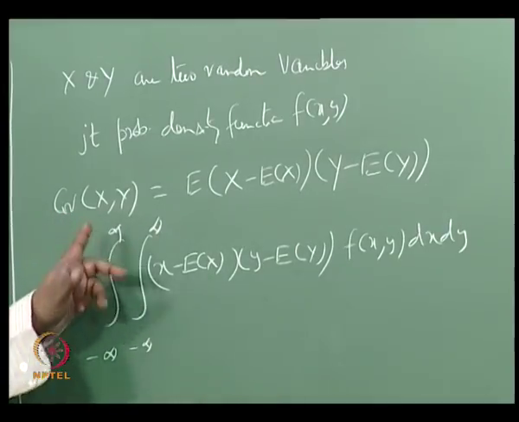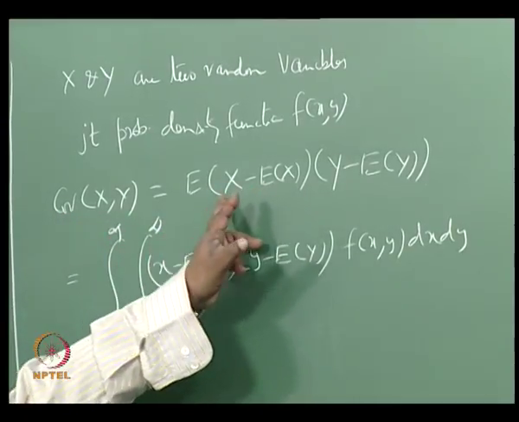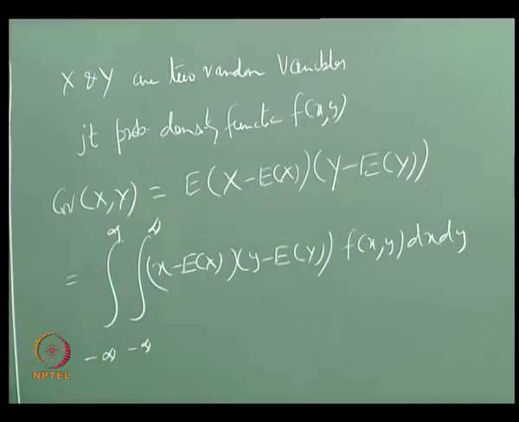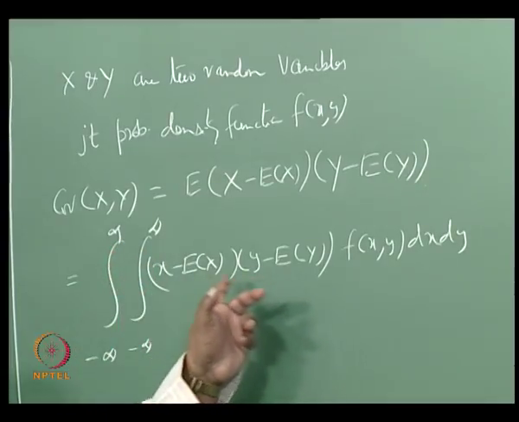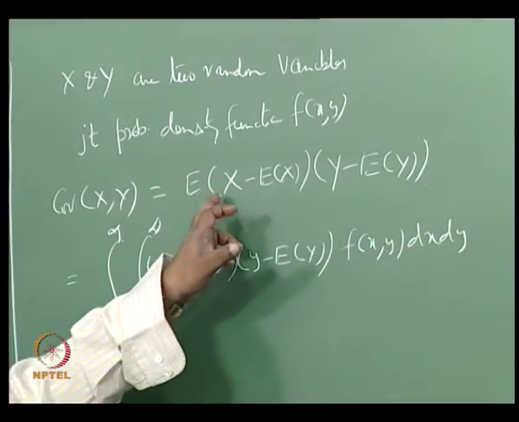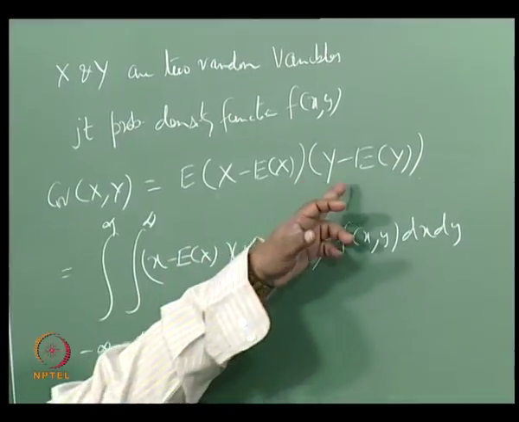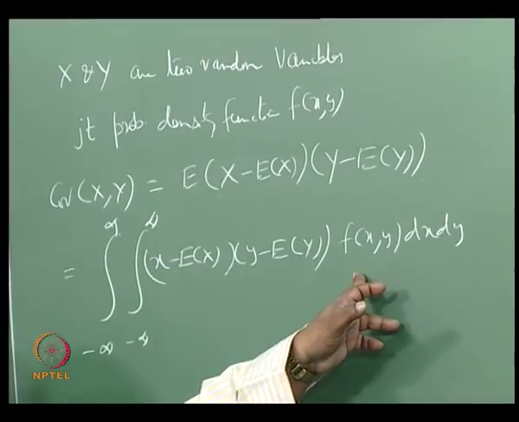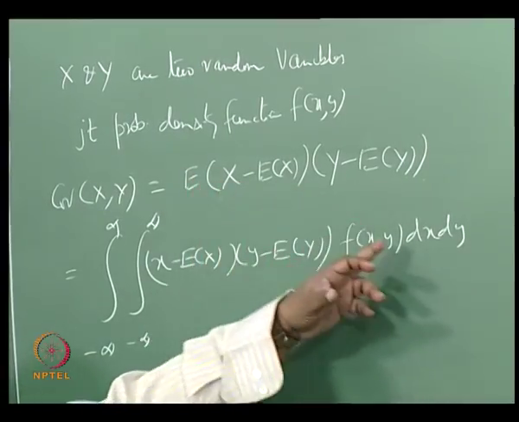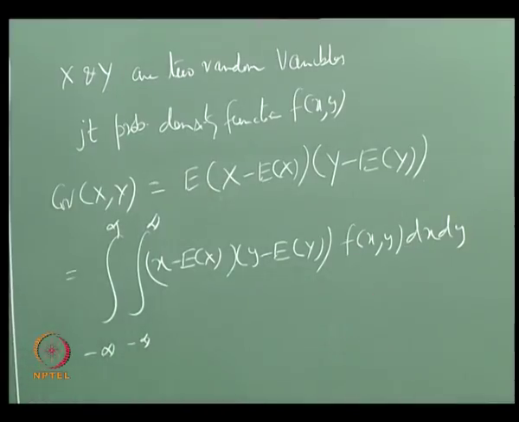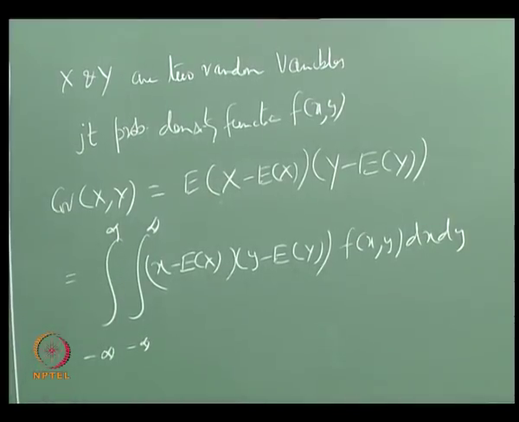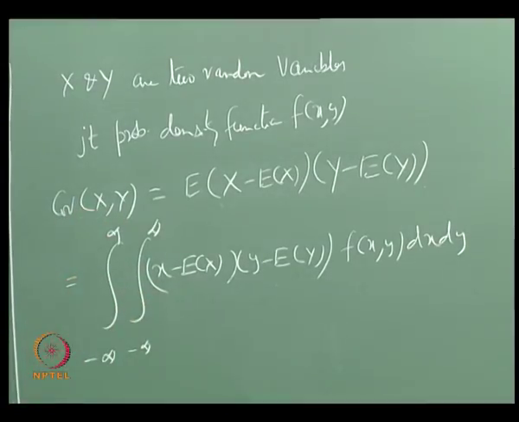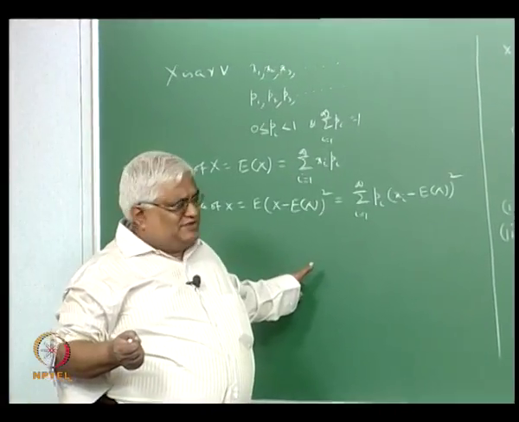So covariance of X and Y is the expected value of X minus expectation of X, into Y minus expectation of Y. This is the product of x minus expectation of X into y minus expectation of Y, and you should write the density function because you are taking expectation, with respect to x and y, dx dy, over the whole plane. You can have a similar definition for discrete random variables also, which I am not writing.